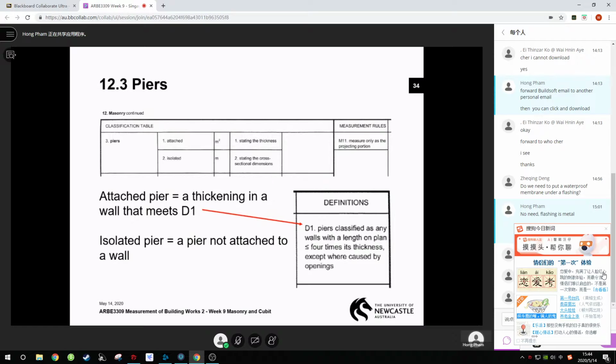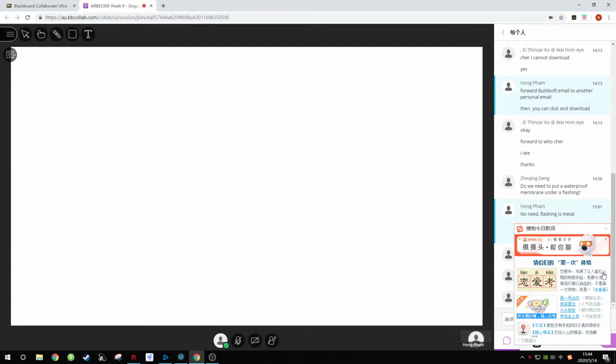Let me give you an example of a pier. So this is the brick wall, this is 110 solid wall, and then you have a pier here.